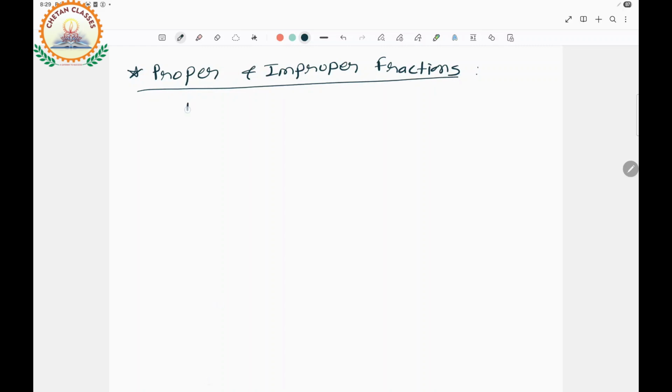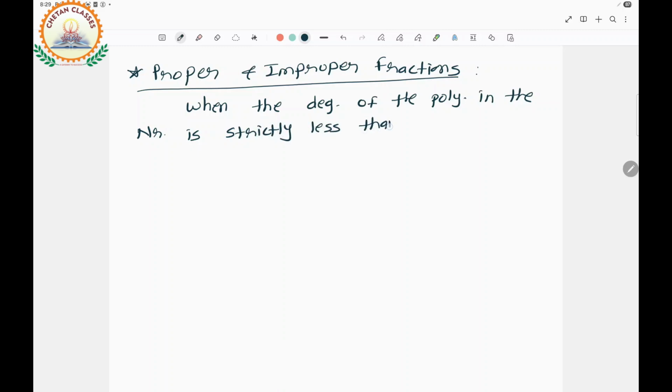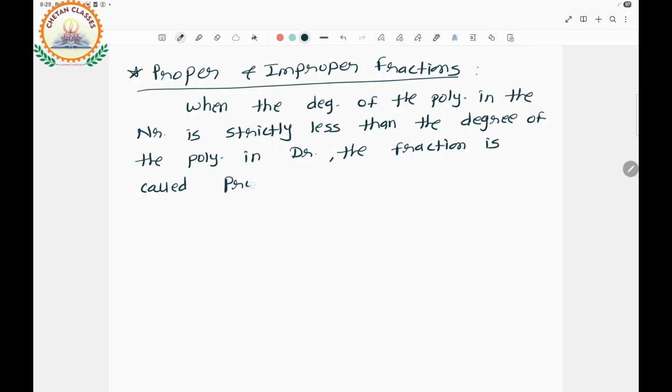See the definition. When the degree of the polynomial in the numerator is strictly less than the degree of the polynomial in denominator, the fraction is called proper fraction.